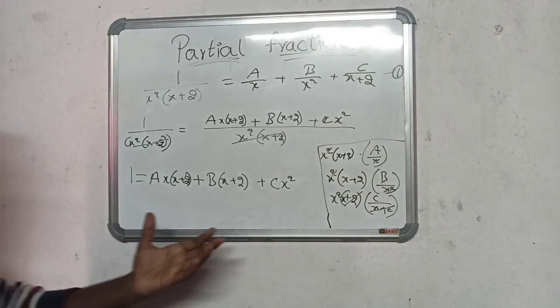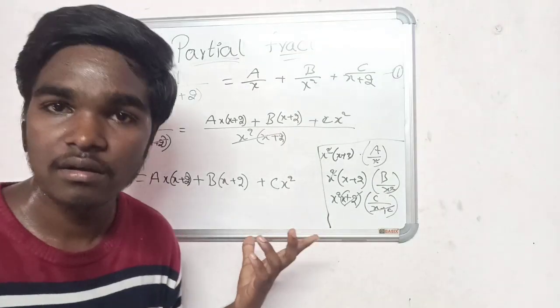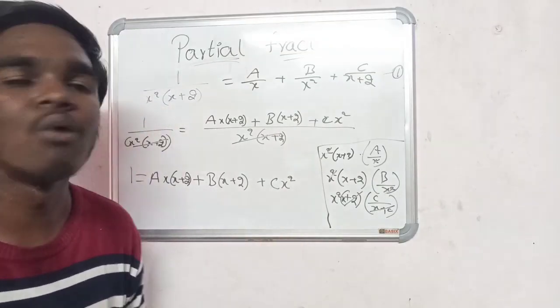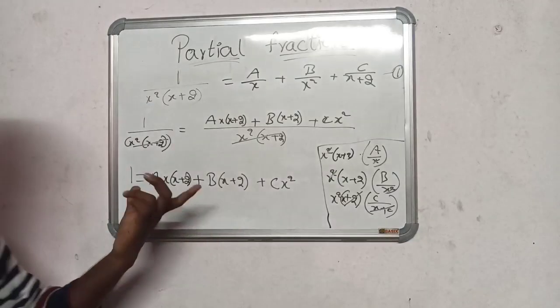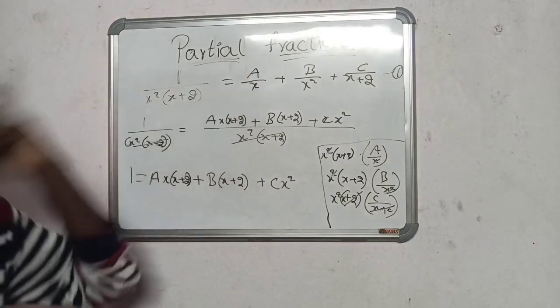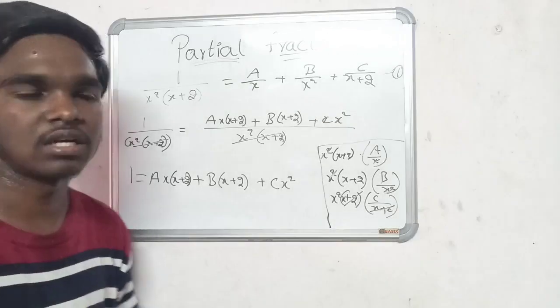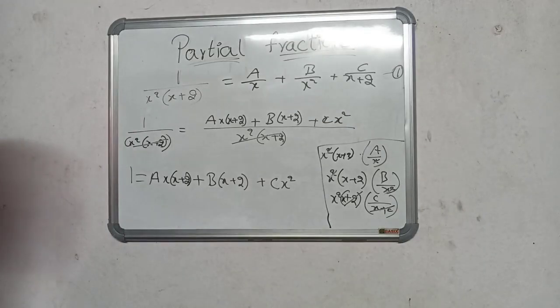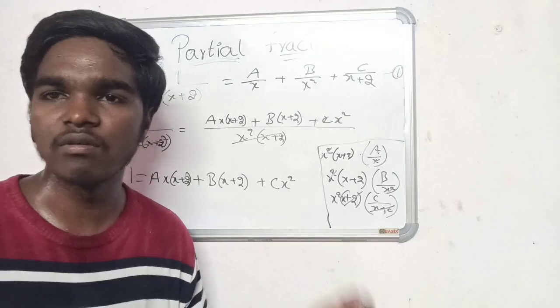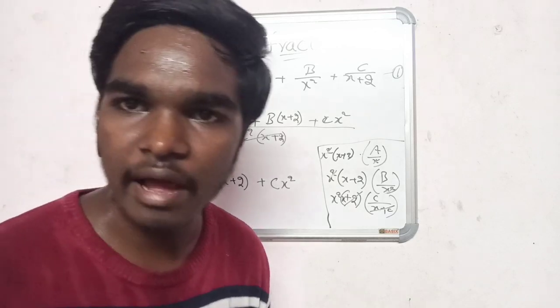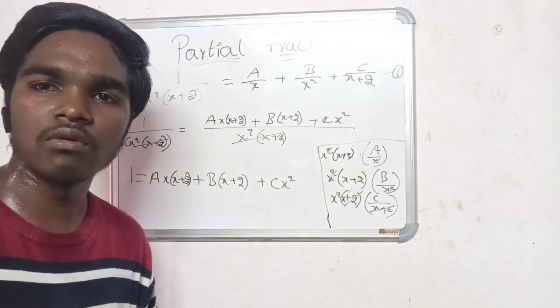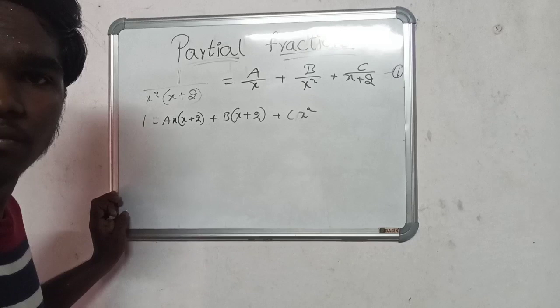We got the simpler expression for the given rational fraction. Now we want to find the a, b and c values.